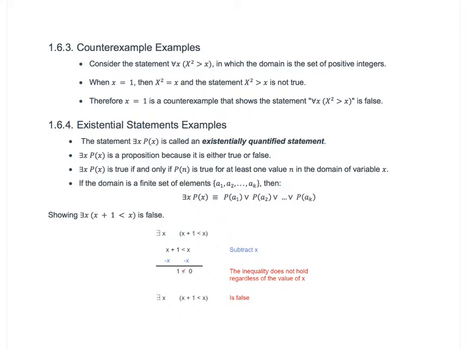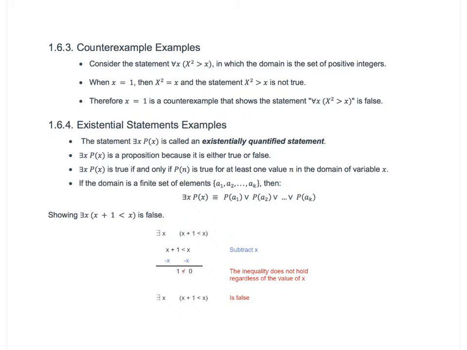So x squared is not greater than x. Therefore, x equal to 1 is a counterexample of the universally quantified statement that we saw, and it shows that the statement for every x, x squared is greater than x is false.